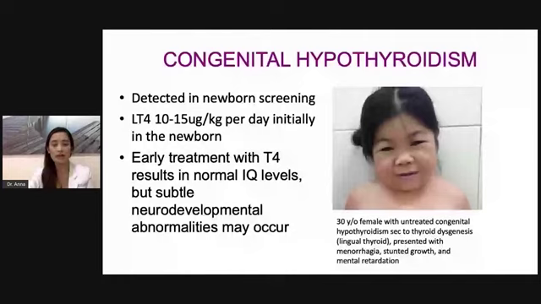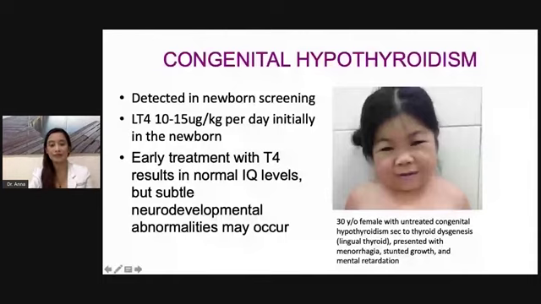Usually we give high dose levothyroxine, about 10 to 15 micrograms per kilo per day, because of the increased requirement. Normally in adults we only give 1.6 micrograms per kilo, but in the newborn it will be 10 to 15 micrograms per kilo per day. Early treatment with levothyroxine results in normal IQ levels, with only very subtle neurodevelopmental abnormalities. So it's very important to replace this early on so that we can prevent this.